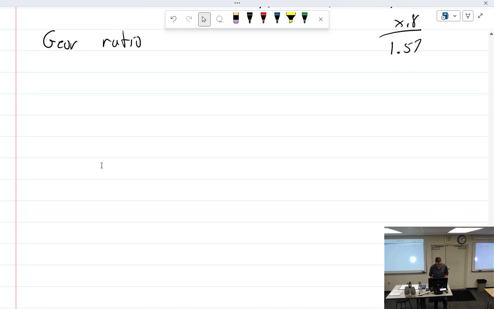So gear ratio. Gear ratio problems use what? What was the big word? Inverse. Use an inverse ratio. This is because the little gear spins faster and the big gear spins slower.